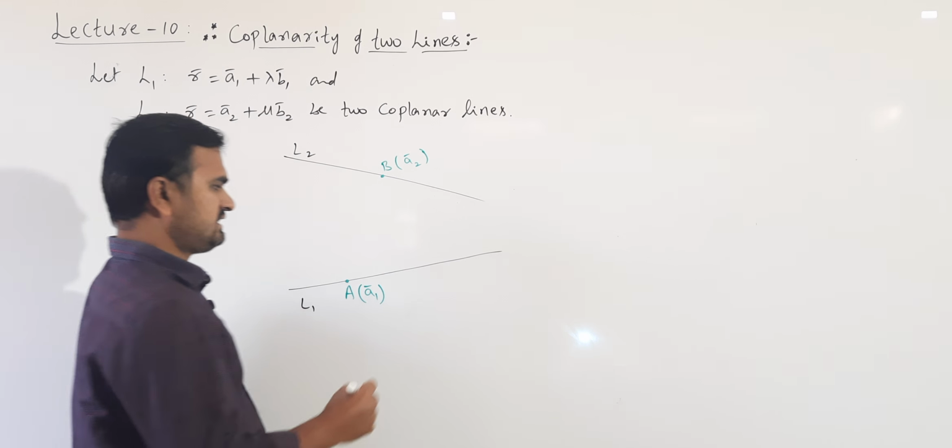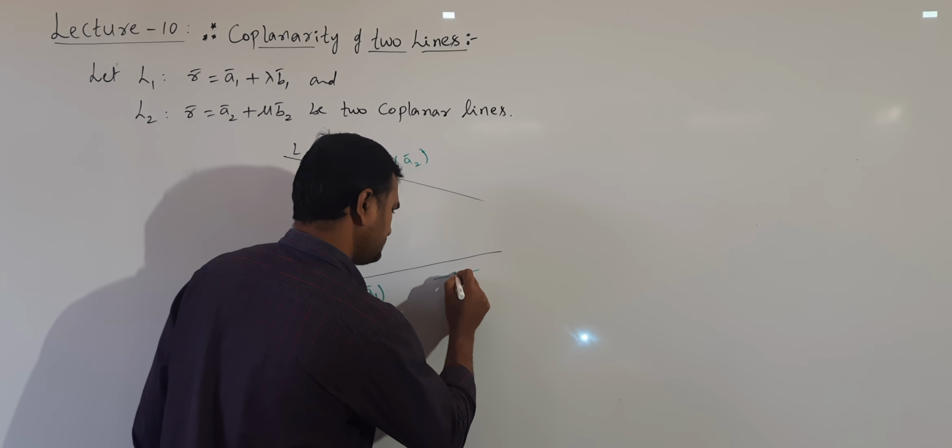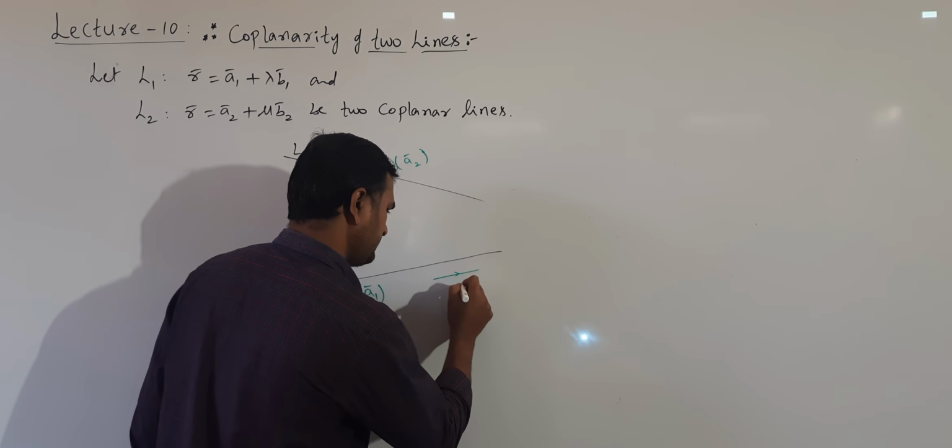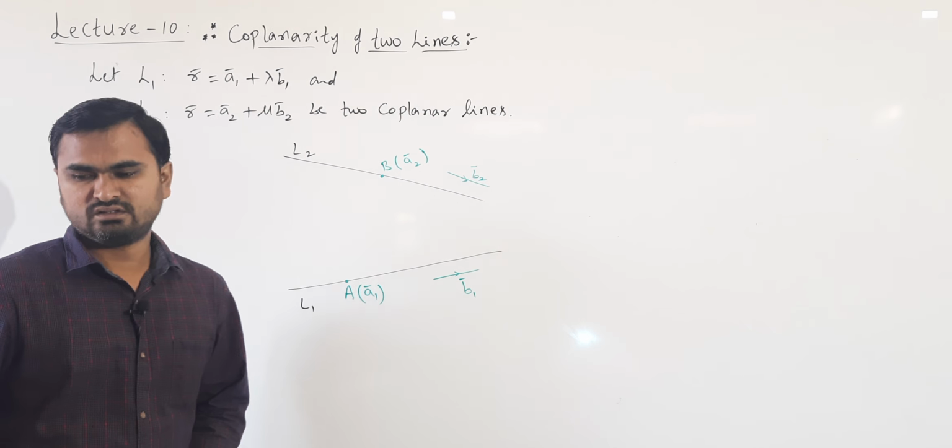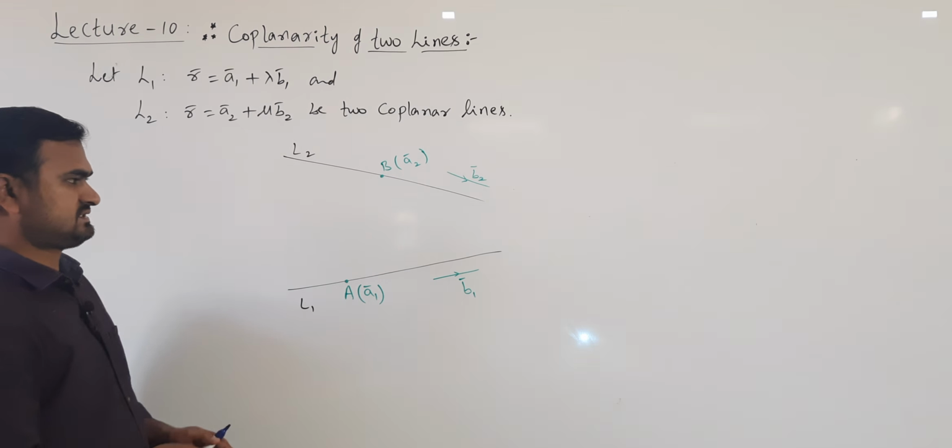The first line is parallel to the vector b1 bar, so the direction of b1 bar is like this, and the second line is parallel to the vector b2 bar, so this is the direction of b2 bar. This is the meaning of the terms present in the line equations.